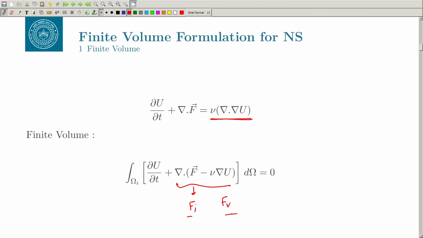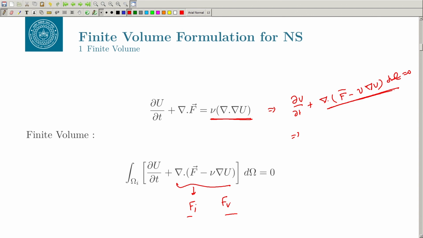So, what you see is that if you put all of this together, you have du by dt plus del dot f minus nu del u, d omega, and then you can use Green Gauss on the entire thing.